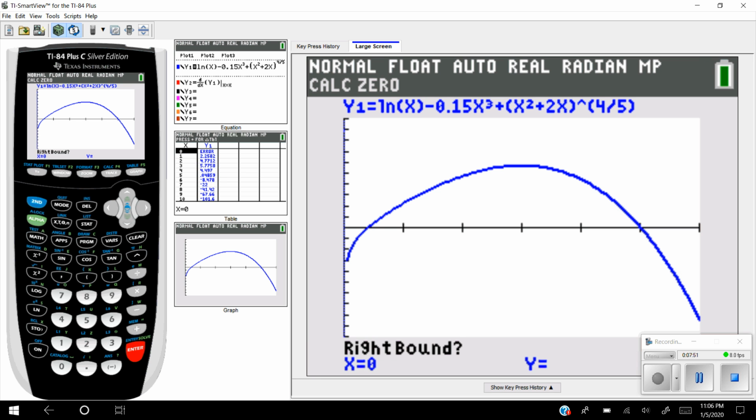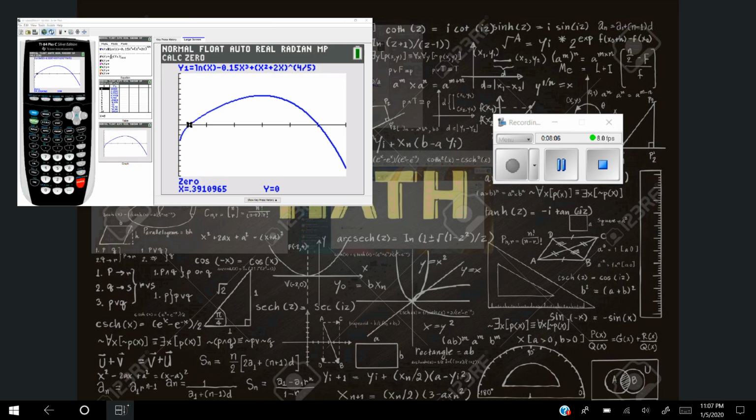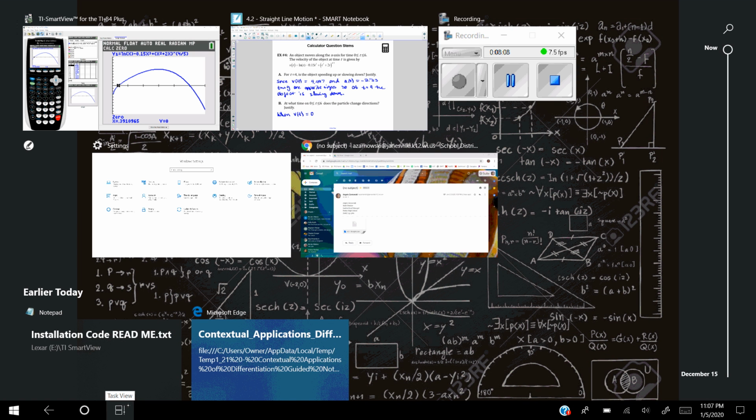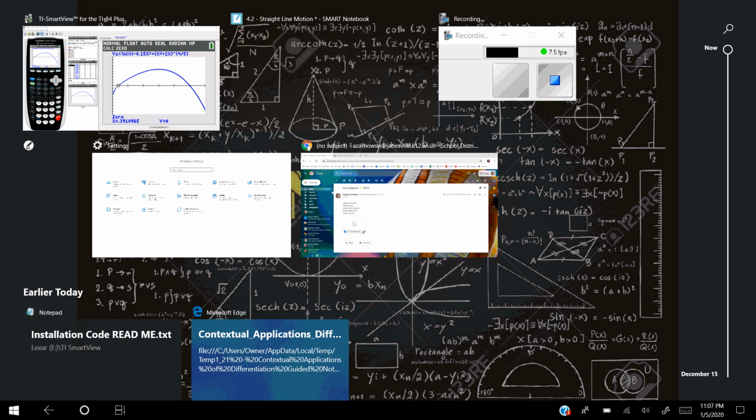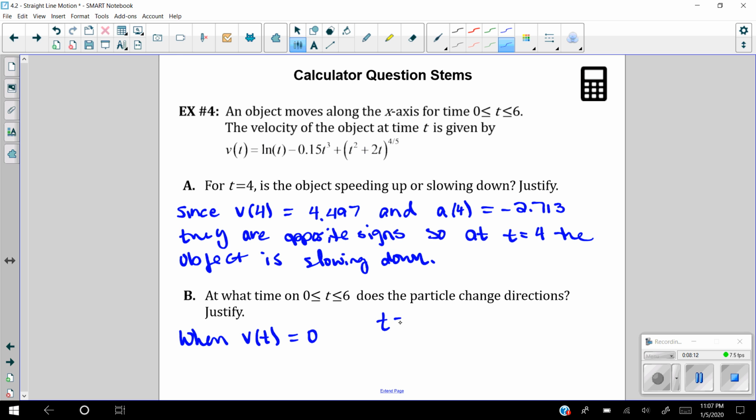And I'm just going to type in the right bound is 1. Make a guess. Okay, and it's saying that it's at 0.391. So t equals 0.391.